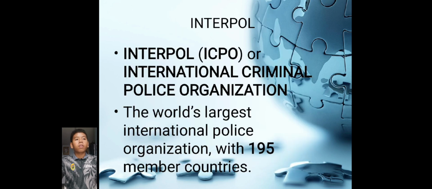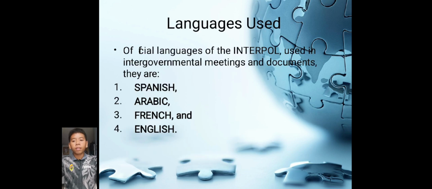Interpol, or the ICPO, the International Criminal Police Organization, is the world's largest international police organization with 195 member countries. And the languages that are used in Interpol are Spanish, Arabic, French, and English.